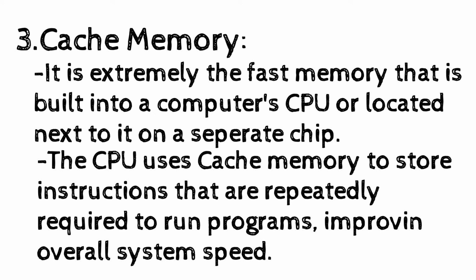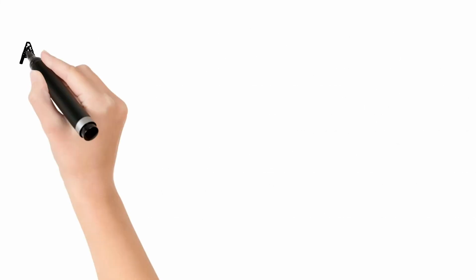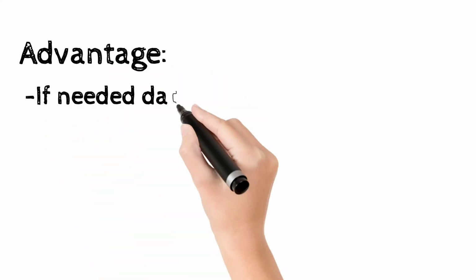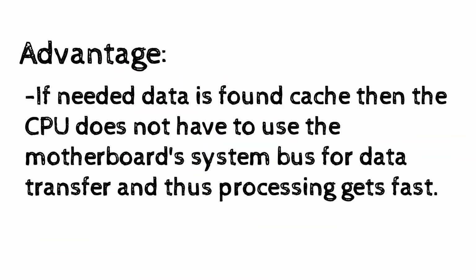As the microprocessor processes data, it first looks in the cache memory, and if it finds the data there, it does not have to do the time consuming reading of data from larger memory. The advantage of cache memory is that if needed data is found in cache, then the CPU does not have to use the motherboard system bus for data transfer and thus processing gets fast.